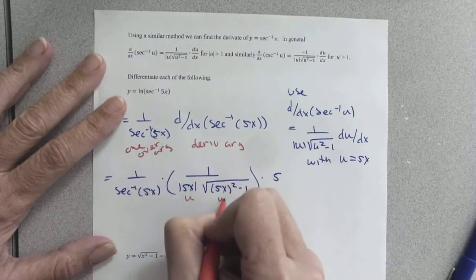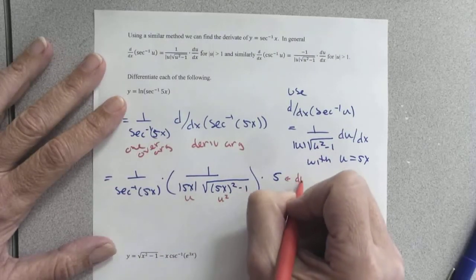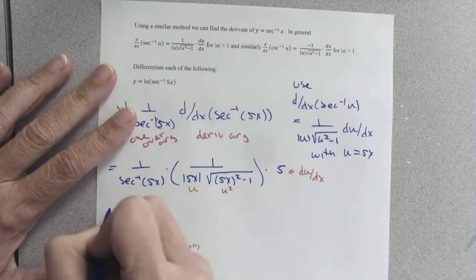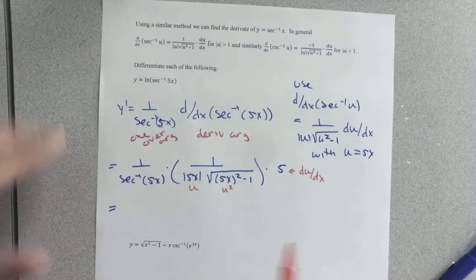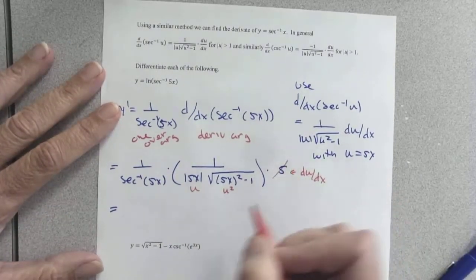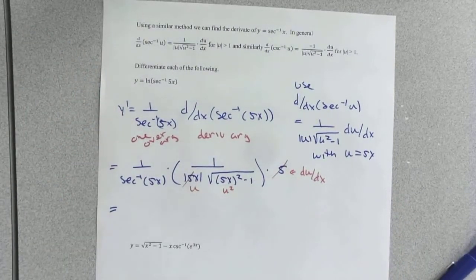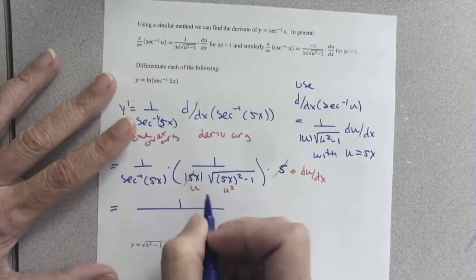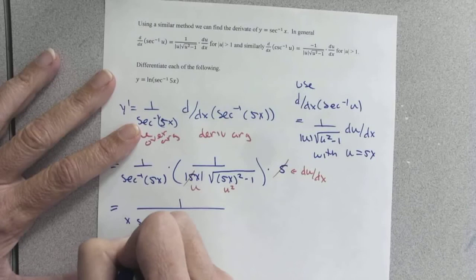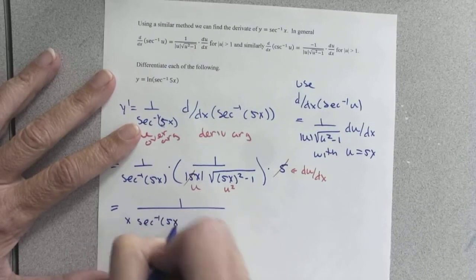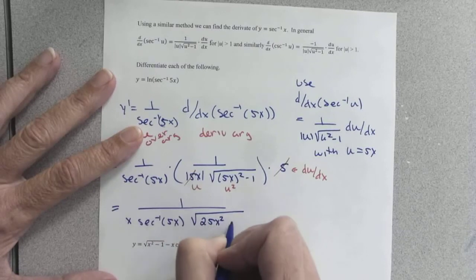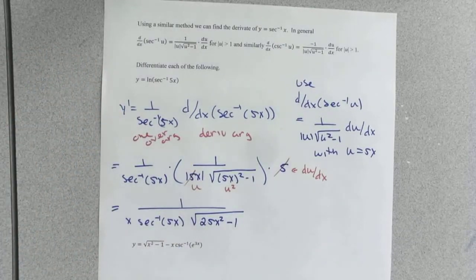So there's the u squared, du dx. Just plugging into that formula. And now making it look pretty. And you can just trust me on this. That 5 and the absolute value 5 are going to cancel. And so I've got 1 over secant inverse of 5x, then the square root of 25x squared minus 1.